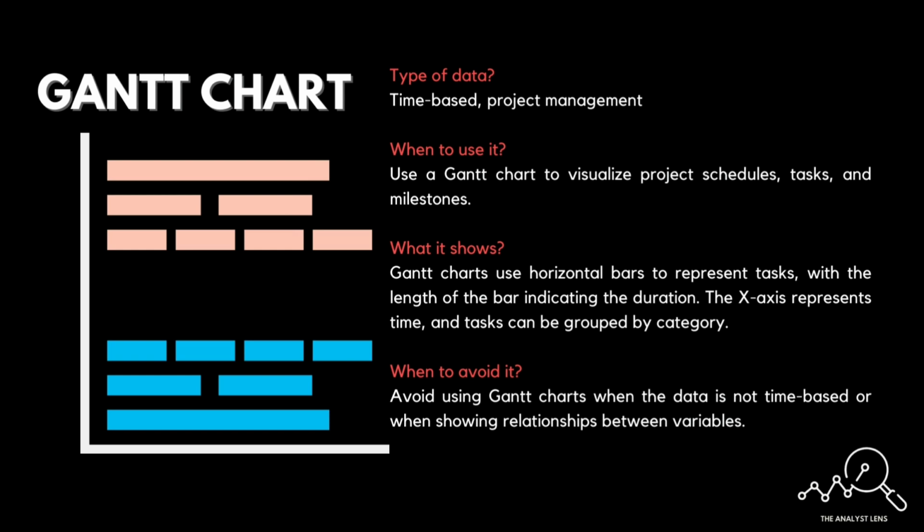The x-axis represents time, and tasks can be grouped by categories. Avoid using Gantt charts when the data is not time-based or when showing relationships between variables. An example of a Gantt chart can be visualizing the tracking of software development, marketing campaigns, or event planning with ease.